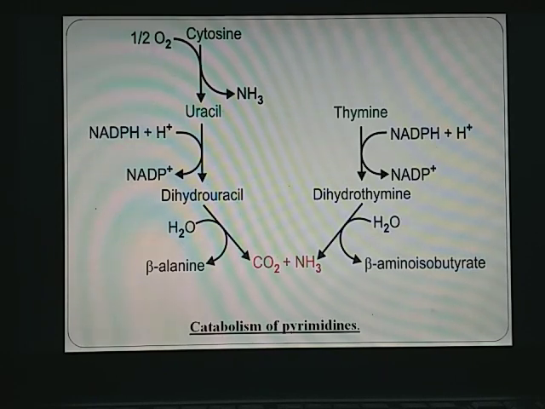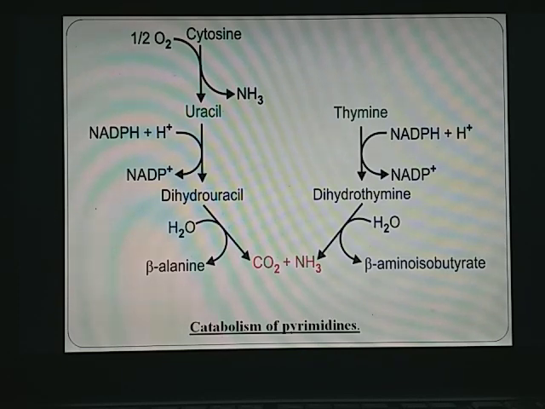Then catabolism of pyrimidine. Cytosine on deamination forms uracil, and uracil on reduction forms dihydrouracil. So dihydrouracil is oxidized to form beta-alanine, carbon dioxide and ammonia.